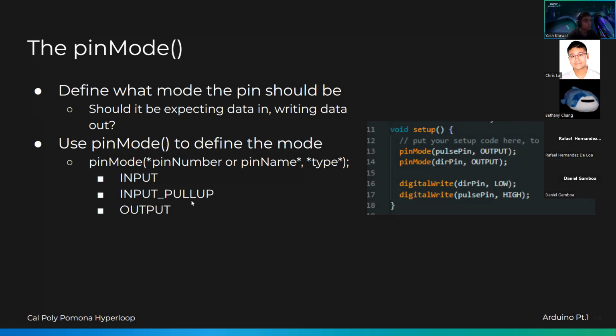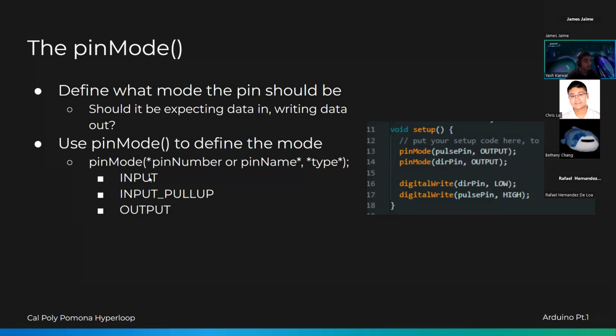So sometimes you want to use pull up versus normal input; this depends on your use case. And then output is to change your pin to output so that you can output zeros and ones. Input is also used for analog pins, so if we want to read analog signals, make sure you set that pin as an input.